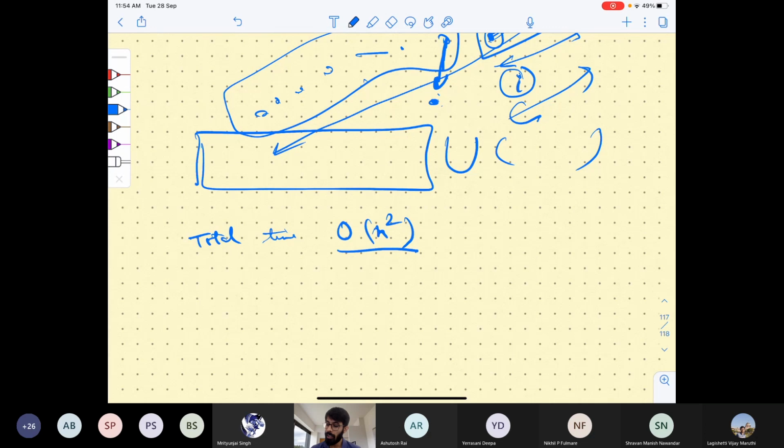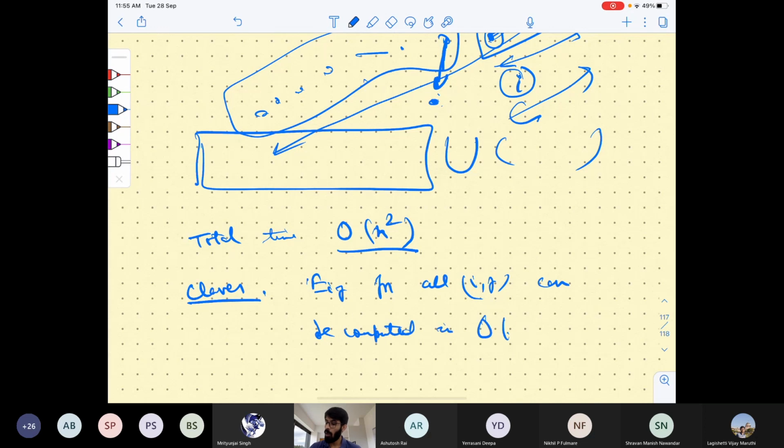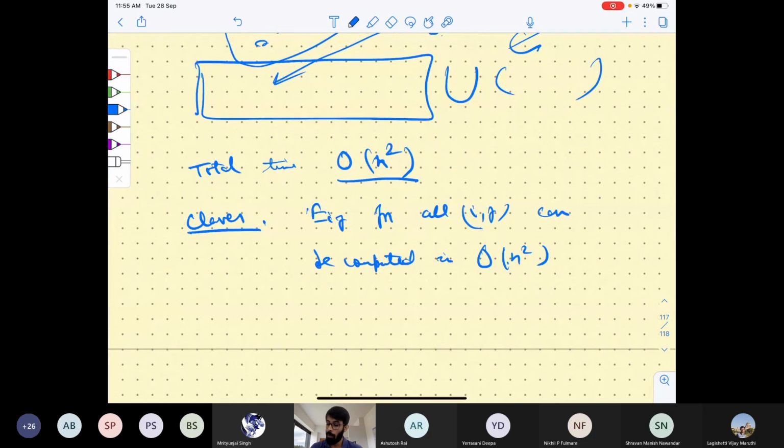That if we are clever, then e_ij for all i, j can be computed in order n square time, and you can start thinking about it, because now itself I'm telling that this is going to be an assignment question. Good. So any other question apart from that?